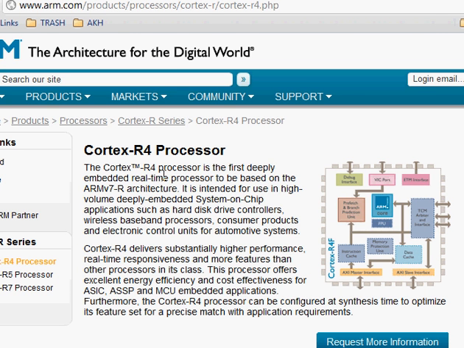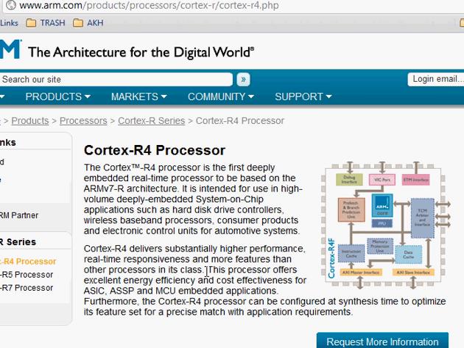It is intended for use in high volume, deeply embedded system on chip applications such as hard disk drive control, wireless baseband processor, consumer product, and electronic control unit for automotive system. Cortex R4 delivers substantially higher performance in real-time response and more features than other processors in its class.